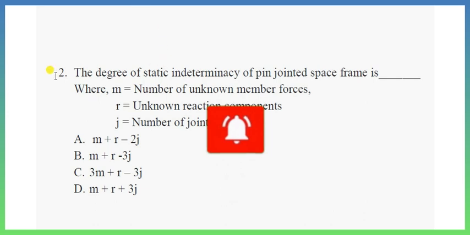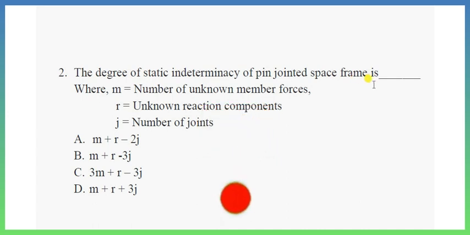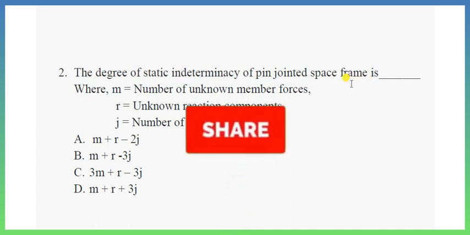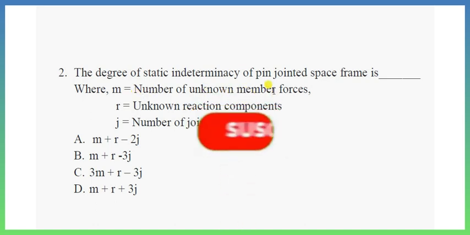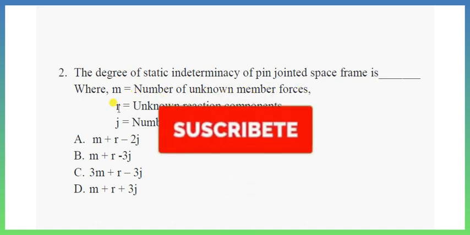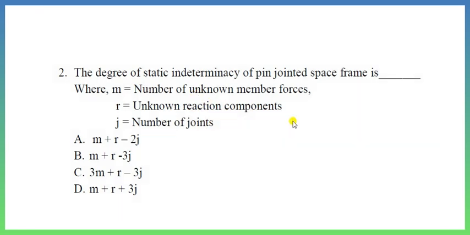Next one, the degree of static indeterminacy of a pin jointed space frame is, where M is equal to the number of unknown member forces, R is equal to unknown reaction components, J is equal to the number of joints.